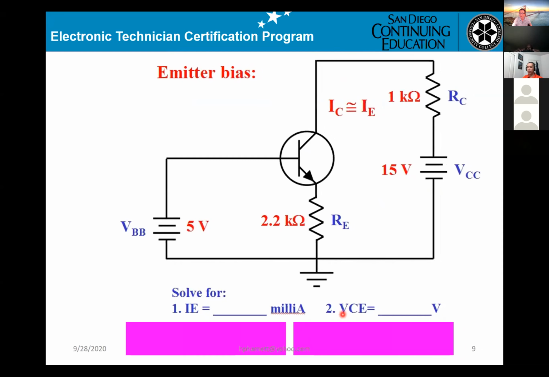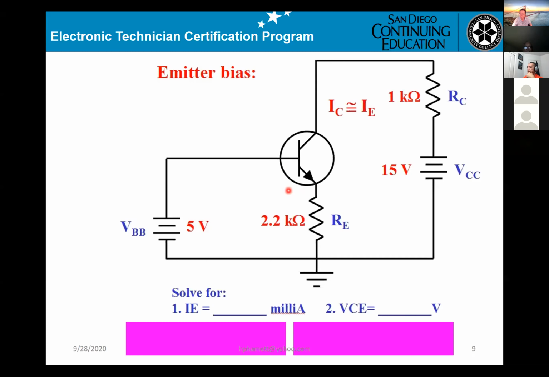Okay, now you can do this one for me. The only difference now is they given you RE right here. They want to calculate the IE. That means the current flowing here. And you understand the voltage from here, how many volts? 0.7.